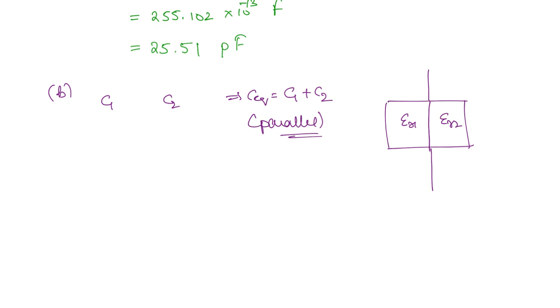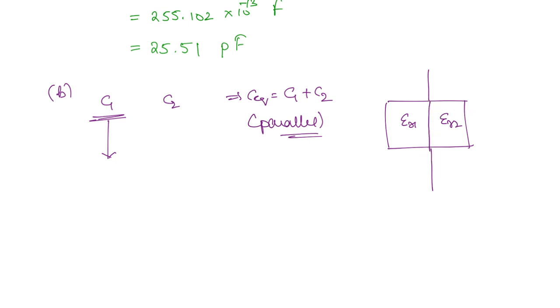So we have to first find C1 and C2. If you take C1 first, we need to find epsilon, the area of the plates and the distance between them. Epsilon we know anyways, it is epsilon r1 into epsilon naught. The area, if you take the entire area, is going to be A, but half of it is covered.